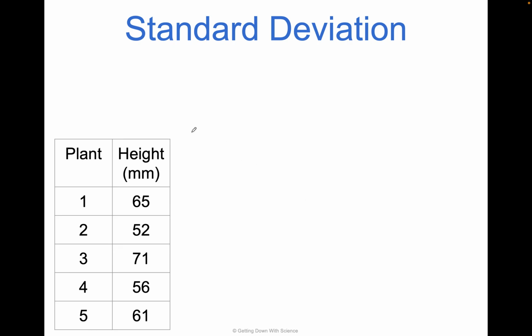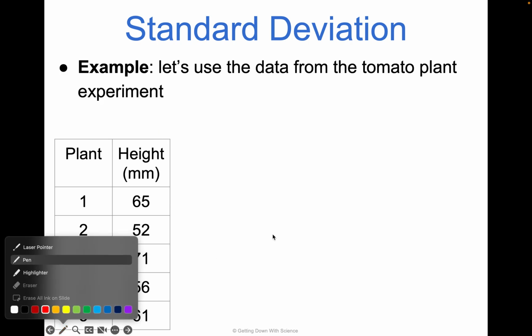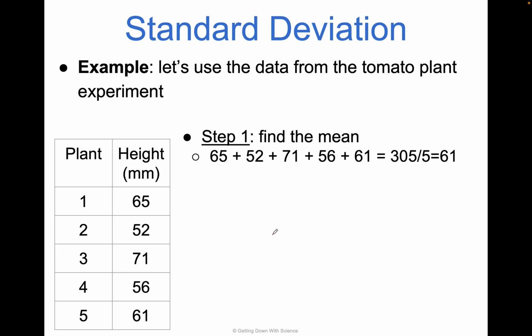So here we go. We're back to our tomato plants. Here are our plants. We have 5 of them. Here are our height values. Awesome. So we're going to use this data from our tomato plant experiment. First we're going to find the mean, and we do that by adding up all the values. It comes to 305 divided by the number of data points. And again, they rounded up. It's actually 60.8, but it doesn't matter.